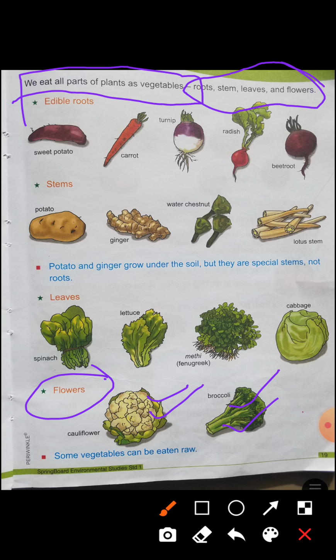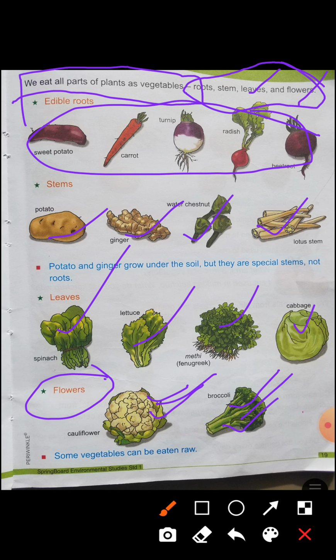Flower part we are eating cauliflower, broccoli, and leaves part we are eating spinach, lettuce, methi, cabbage, then stem part potato, ginger, water chestnut, lotus stems, and roots parts we are eating. That means students, we are eating the different parts of the plant as vegetables day to day life.